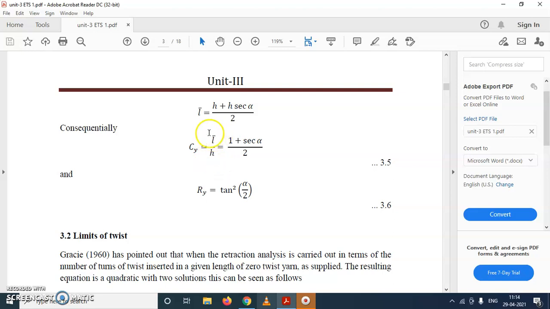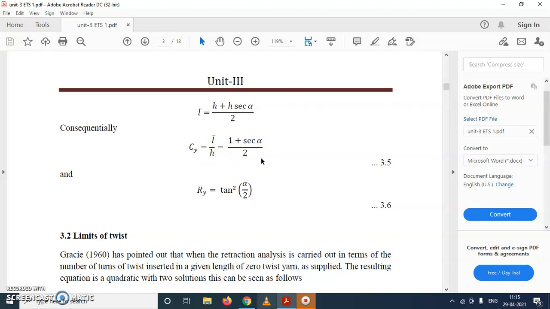Now here we will take the average filament length, because the filament length varies from center to the surface in case of idealized yarn structure. So according to that diagram we have already shown, we'll take the average length H plus H sec alpha upon 2. So now if I try to find this ratio, H will cancel and we'll get Cy is equal to (1 plus sec alpha) upon 2.